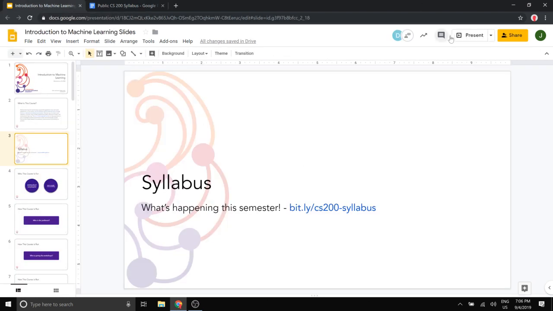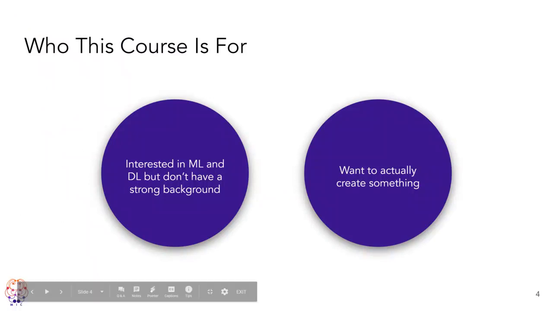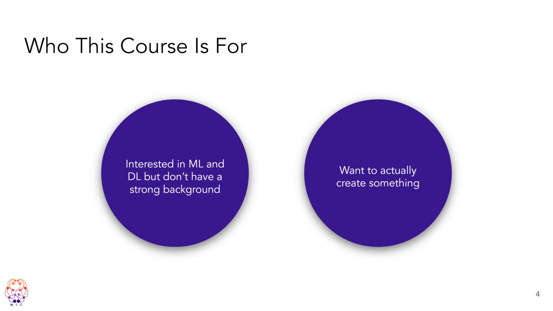And again, who this course is for. We are just meeting once a week. There's no lab, there's no discussion. So obviously we can't go in as much depth as something like 542, which is the actual machine learning course in CS. But this course is really good if you're interested in machine learning or deep learning and you want to understand it better.